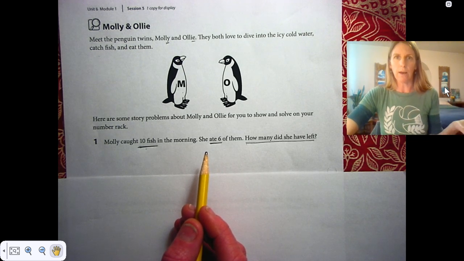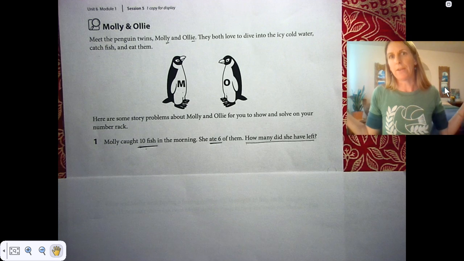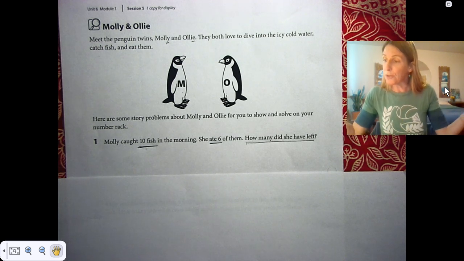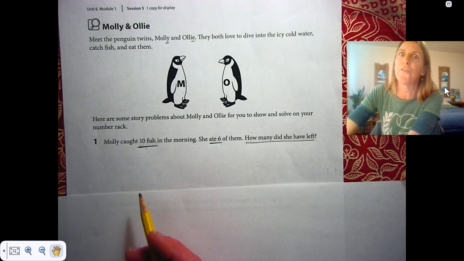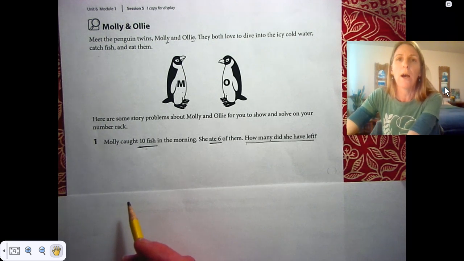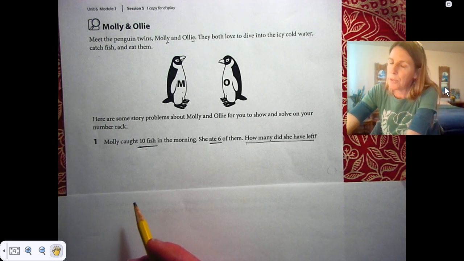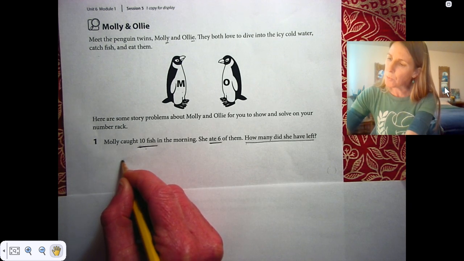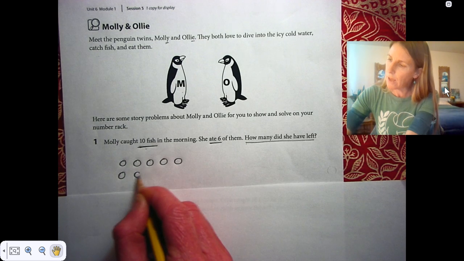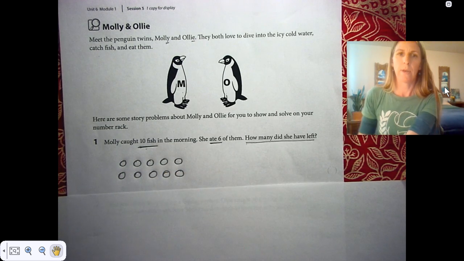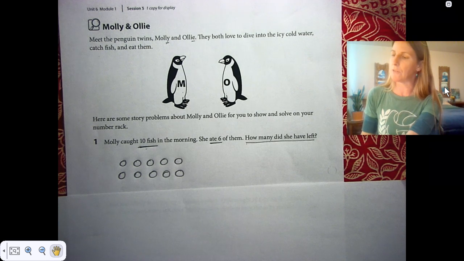How many are left? Well, I do like to draw pictures, so I would do something like this. I would not draw actual fish. That would take me too long. I'm just going to use circles because that's super easy for me. So she's starting with 10 fish. I like to do them in groups of 5. So there's my 10 fish, or Molly's 10 fish.